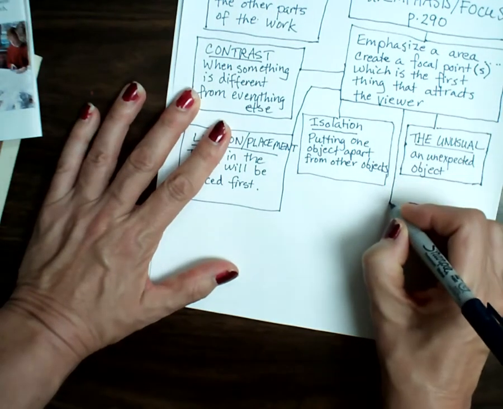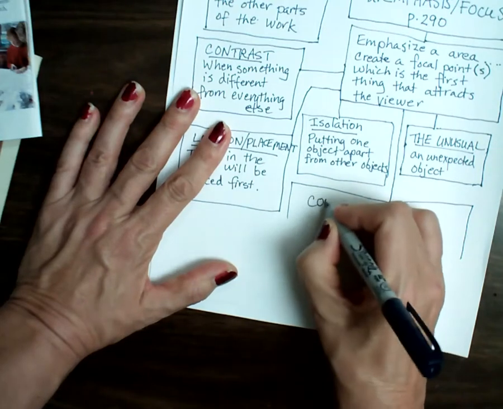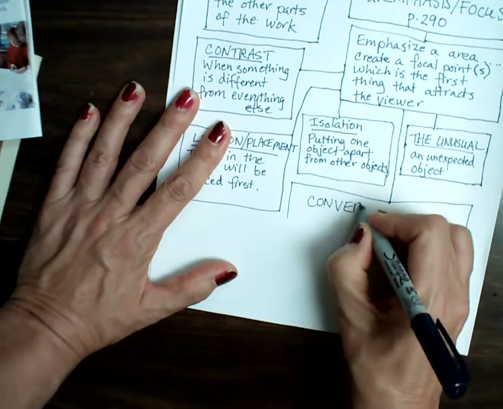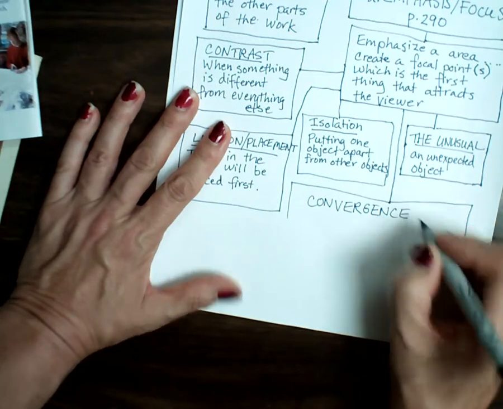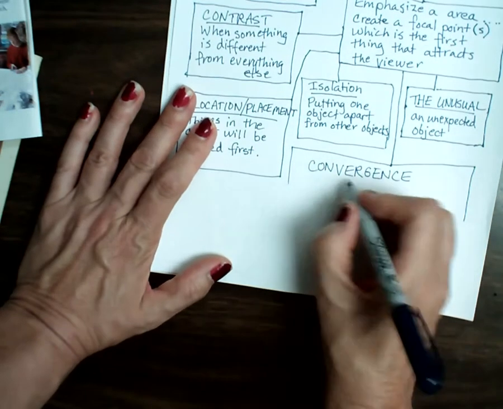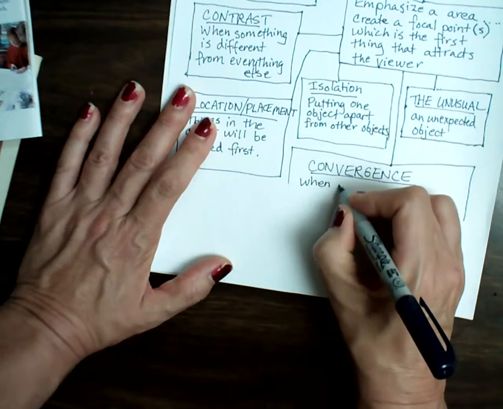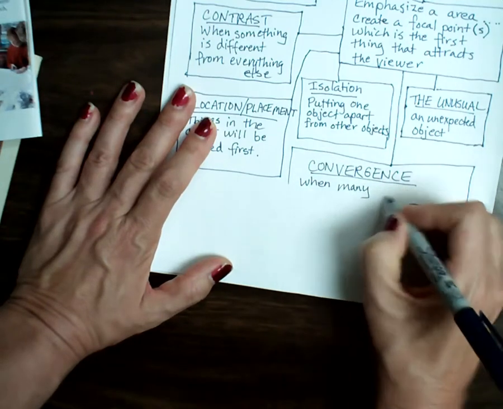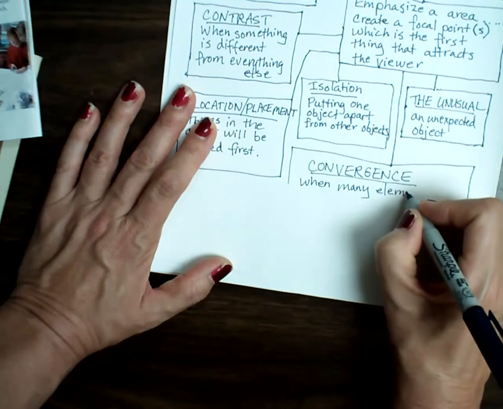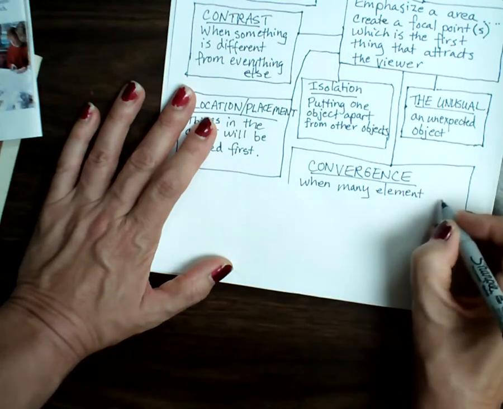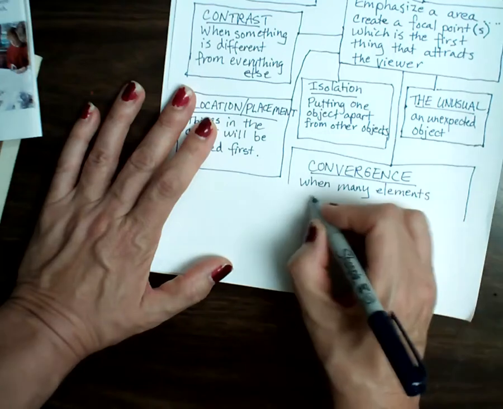Yep, you got it. So convergence is another way of creating a focal point. The explanation is when many elements, often lines, seem to point to one object.